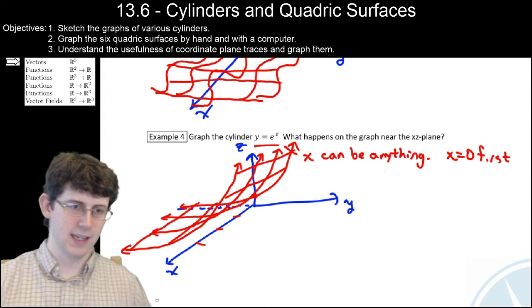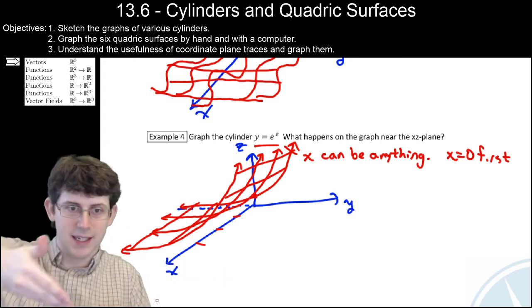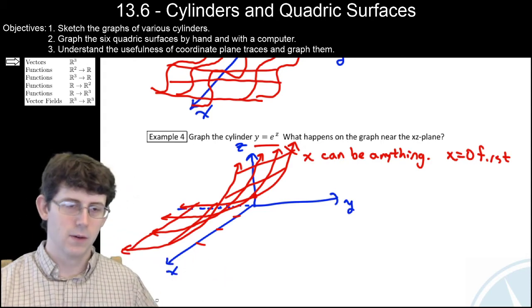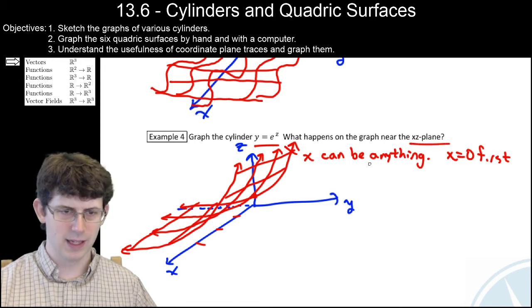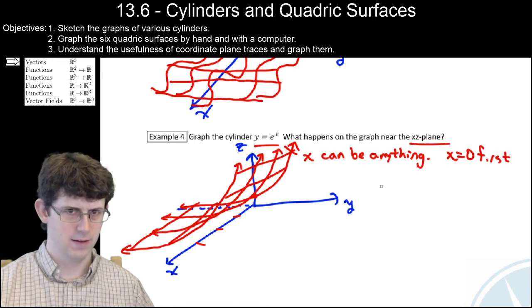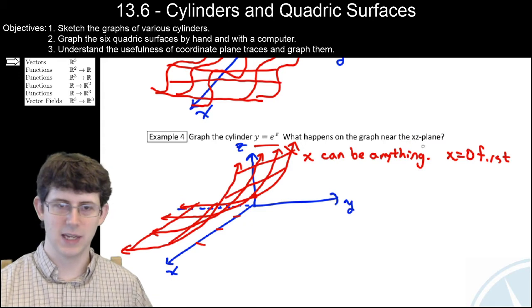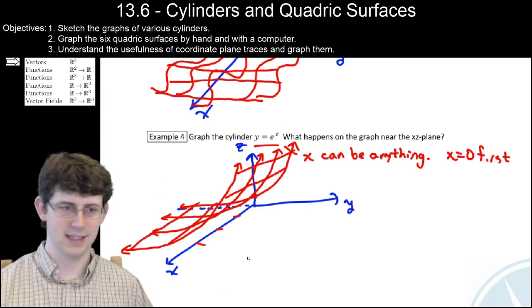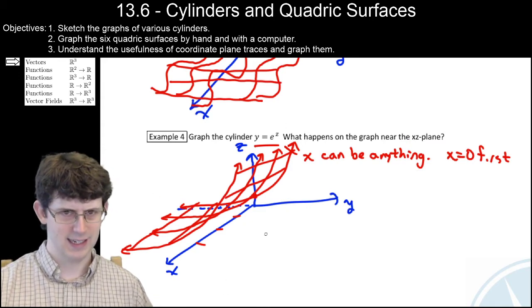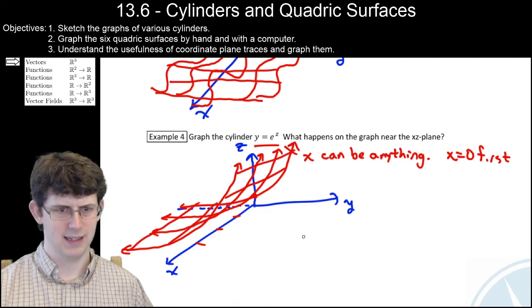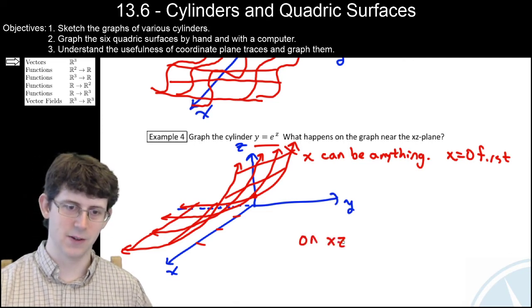You can see that it's an exponential function, but it's been turned into a cylinder. What happens on the graph near the xz plane? I don't think that's the question that was intended to be asked here, because nothing special happens on the xz plane. Whatever, we can just answer the question that's there.